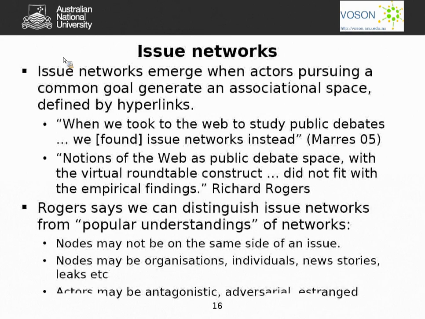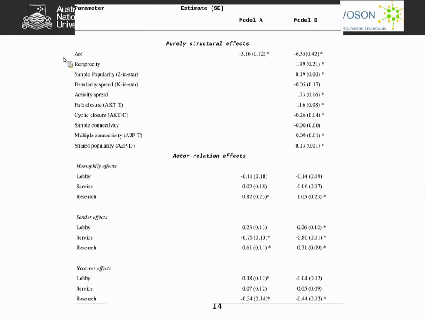Yes, I think you're right. The lobby effect on the receiver effect has gone away, but instead you get a sender effect from the lobby, which is like the total opposite effect. They seem to be positively associated with sending ties. What's the explanation for that?